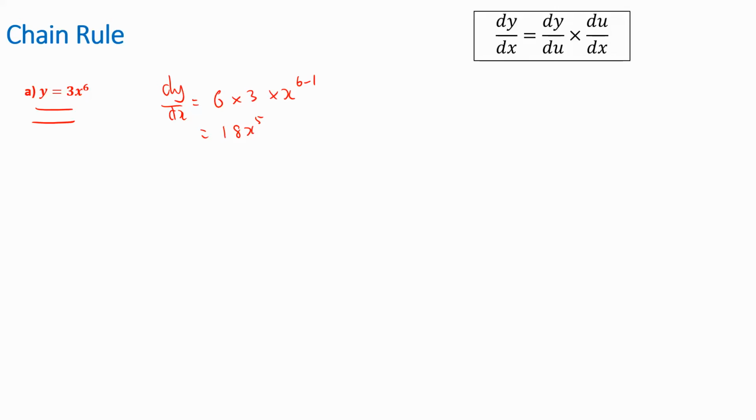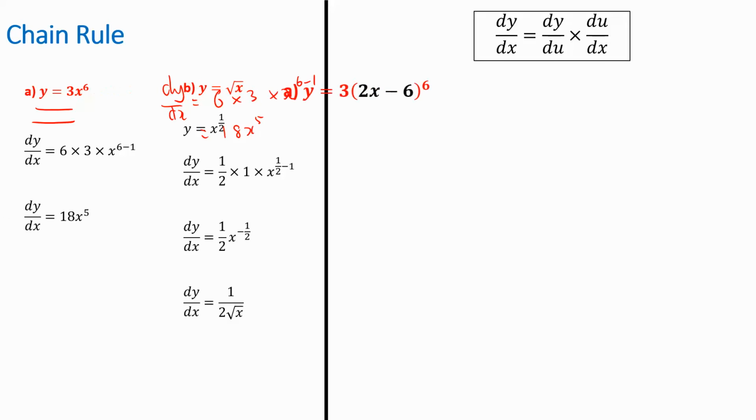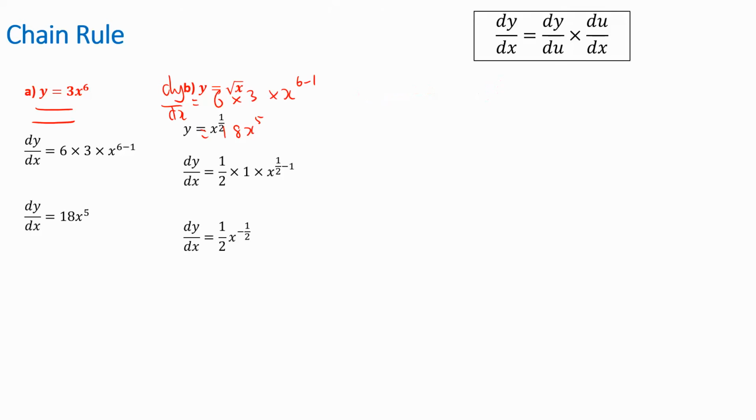Now how do I work using chain rule? So this one was power rule. How do I change it to a problem that is no longer a power rule, but now we're going to use chain rule to fix the problem? I'm just going to write it on a separate side so it doesn't confuse you. So we've got that 18x^5.